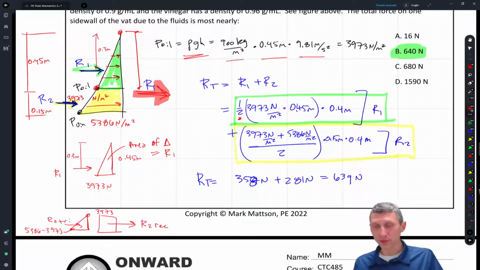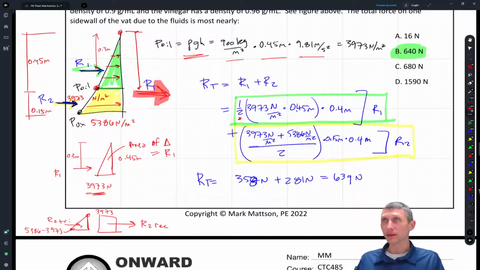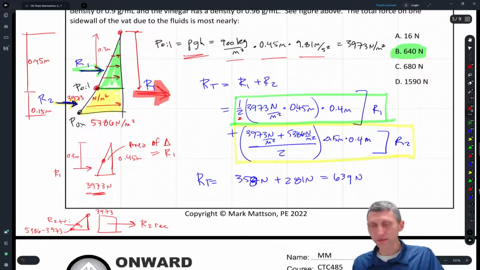So yeah, the average pressure is going to be 1/2 of this 3973 times the area of the sidewall. Yeah, exactly. So however you get there, it is the same type of thing. But I'm looking at areas of triangles. That's just the way I think of it. But it's the same thing. If you just think of an average height times this distance, it's going to be the same thing.